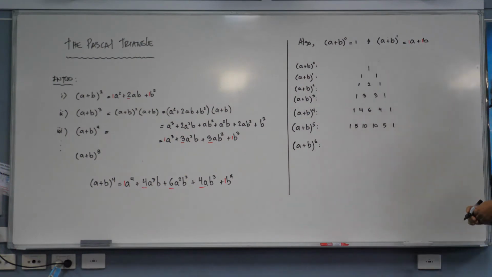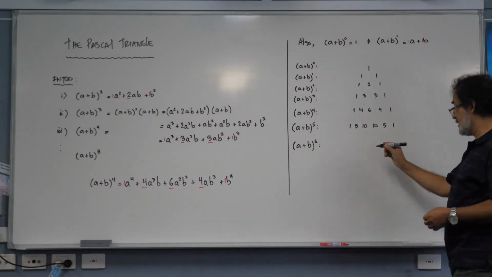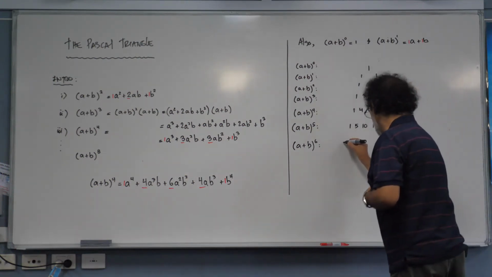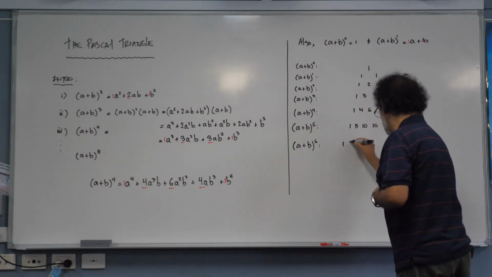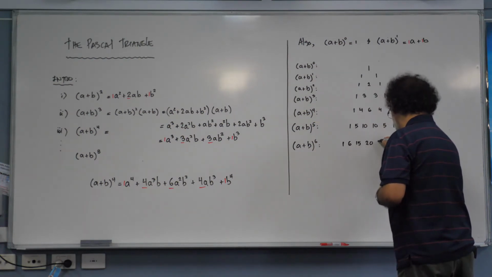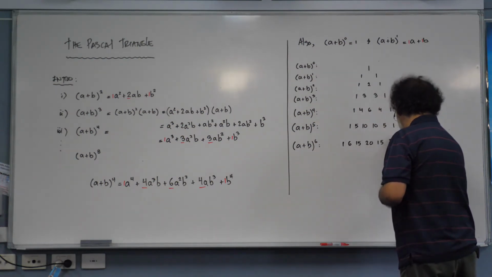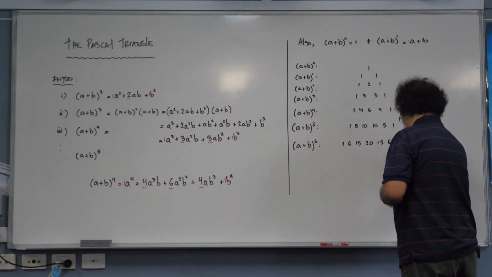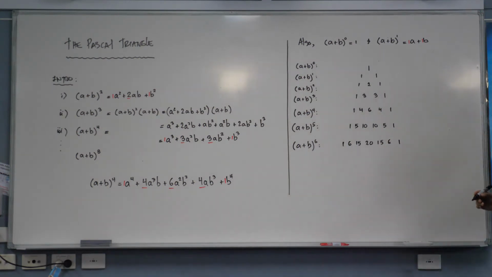What's the answer? 1 plus 5, so it's going to be 1, and then 6, 15, and then 20, 20, 15, 6, 1. All right?